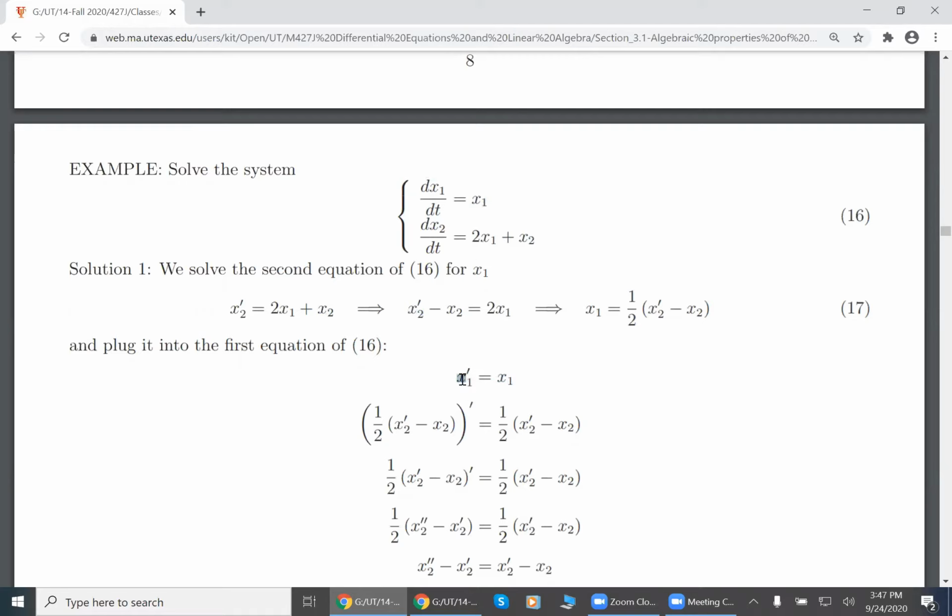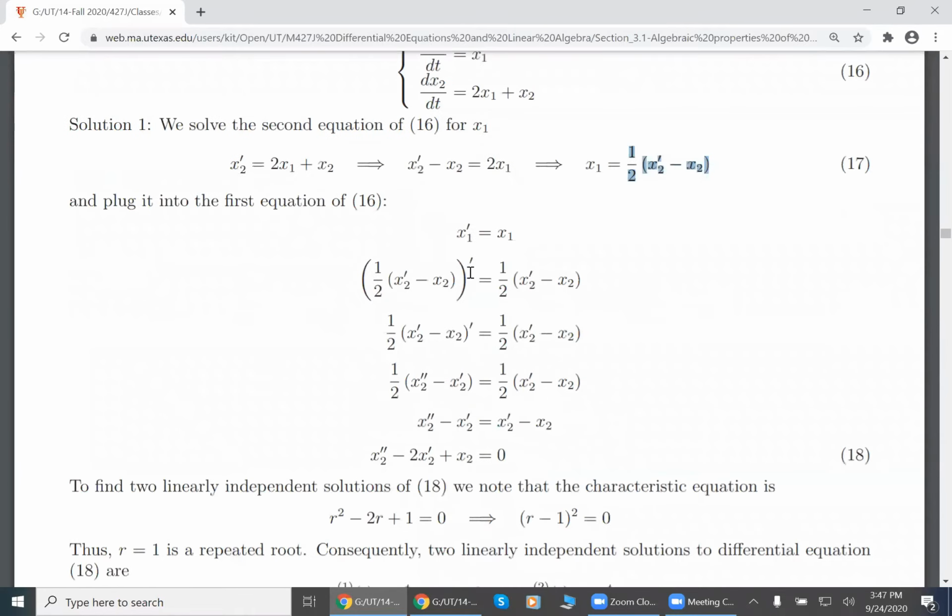Let us replace x1 here and x1 here by this expression. Done, done. When we take the derivative, constant can be factored out. Done. We expand parentheses. Derivative of the difference is the difference of derivatives.